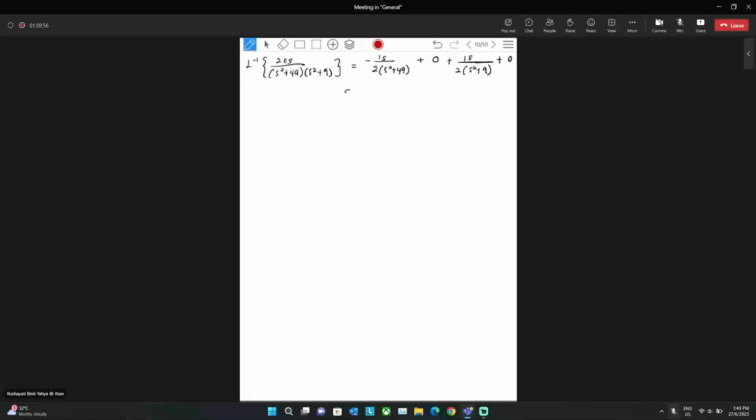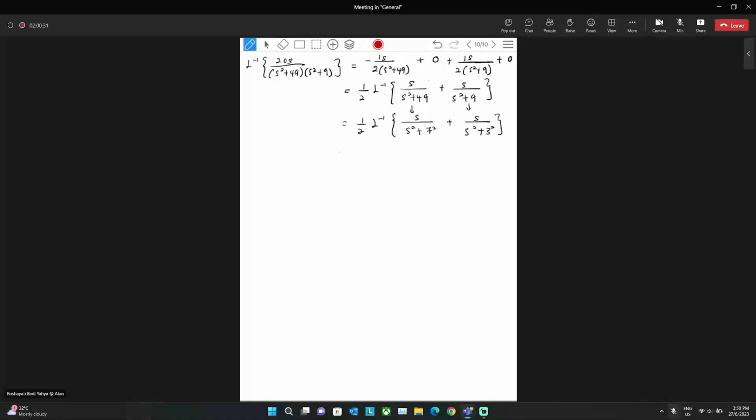So here you will get 1/2. You can move this half outside: s over s squared plus 49 plus s over s squared plus 9. So this you need to change to 1/2 inverse Laplace transform of s over s squared plus 7 squared plus s over s squared plus 3 squared.